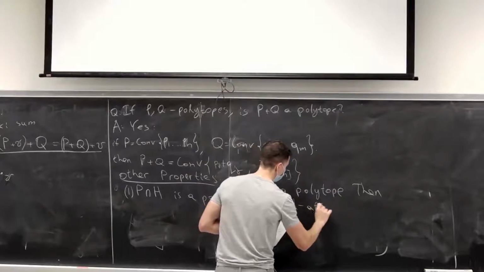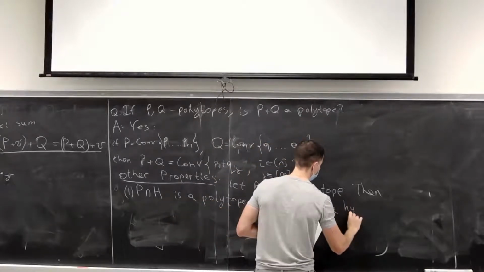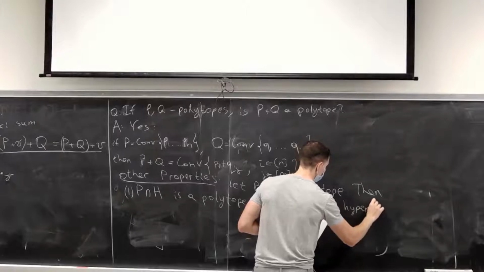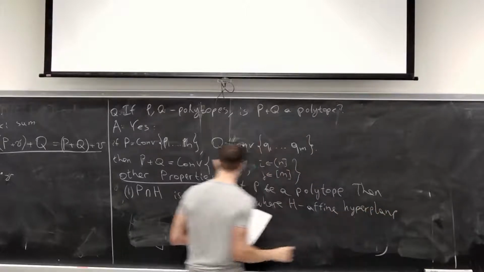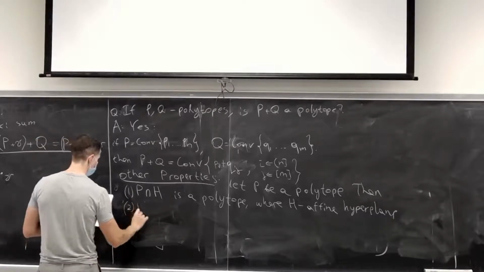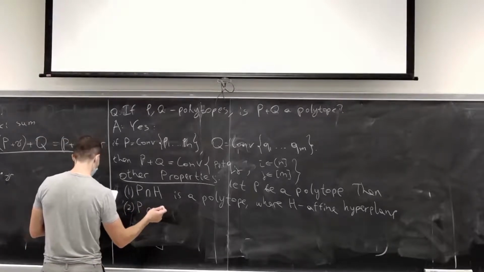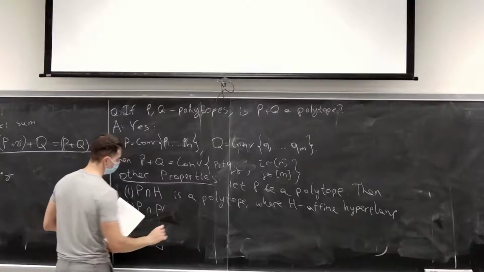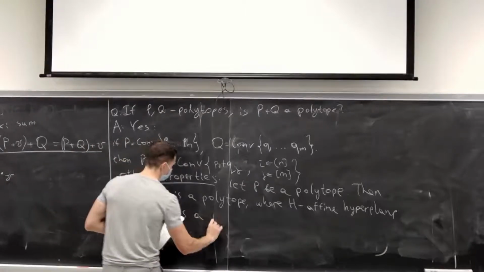H is an affine hyperplane. Second of all, if you intersect P with another polyhedron P prime, you get a polytope.